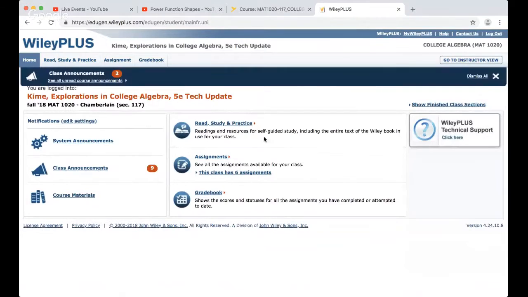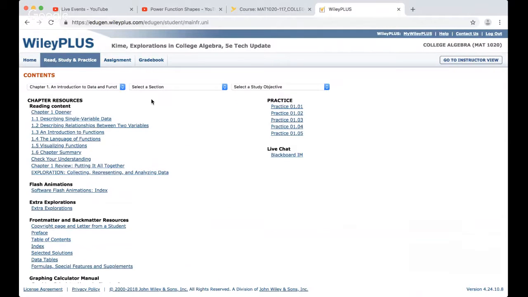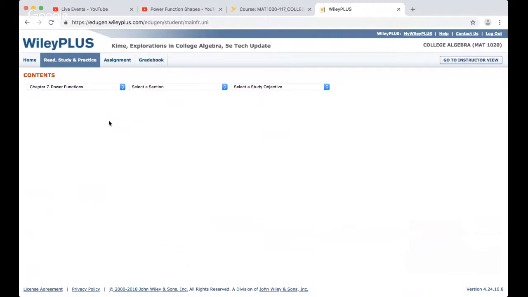If you want more practice problems, go to Read, Study, and Practice. Pick your section like so, and wait a minute for it to populate.